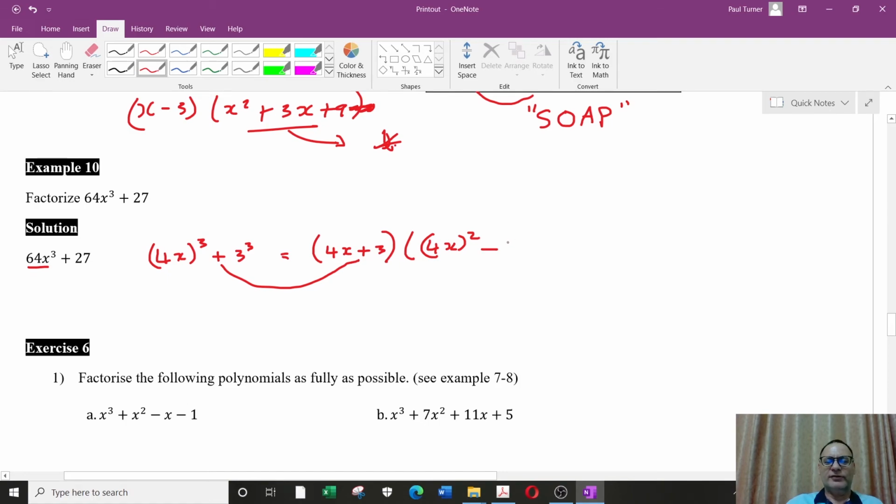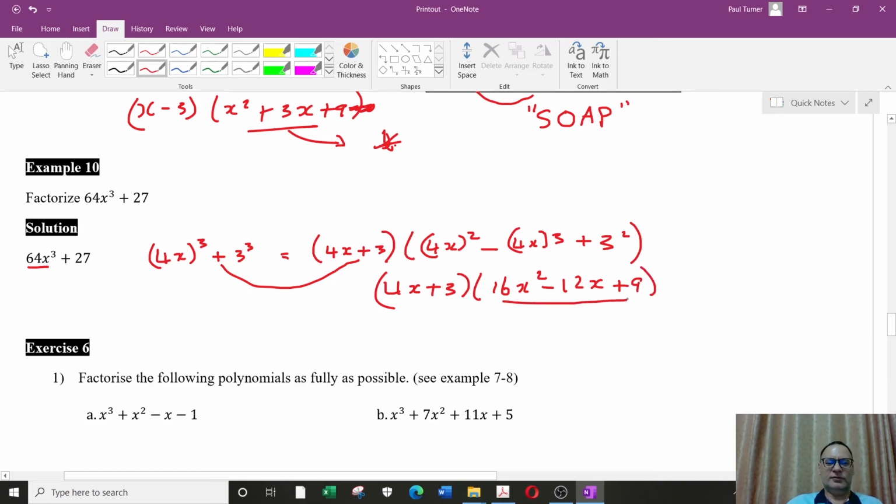And that would be 4x times 3. And then we go back to positive. And that would be 3 squared. So we'll have 4x plus 3, and this would be 16x squared minus 12x plus 9. Again, don't bother to factorize this.